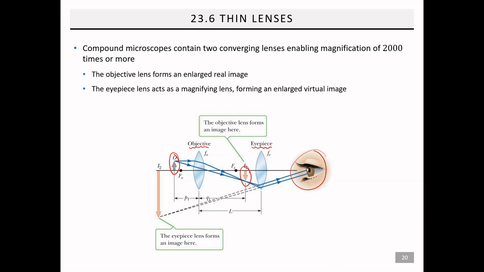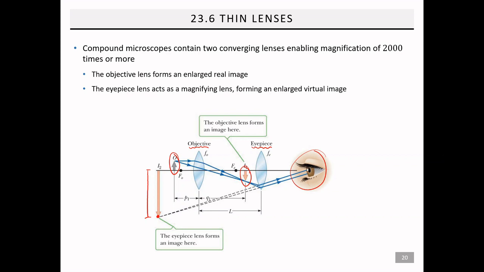To your eye, if you trace back these rays, it will look like they're coming from an image location all the way back here on the left. So you start with an object that's very tiny, and you end up with an image that's very large in comparison.